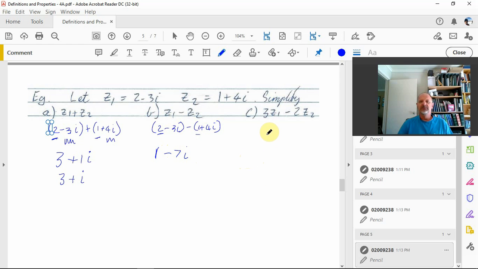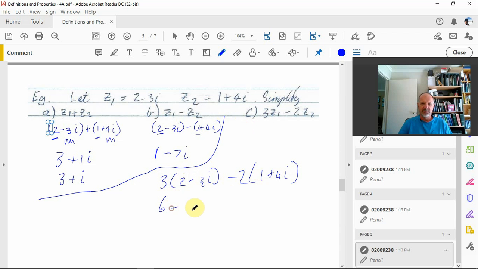All right, so then this next one, first of all, we're multiplying by a scalar, a number. So 3Z1 is 3 times 2 minus 3i, and we're taking away 2 lots of 1 plus 4i.